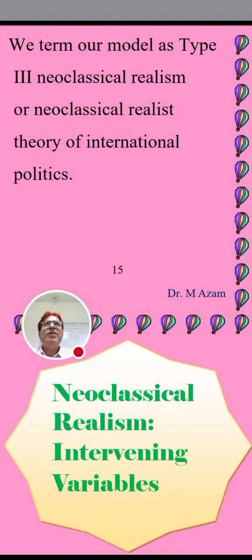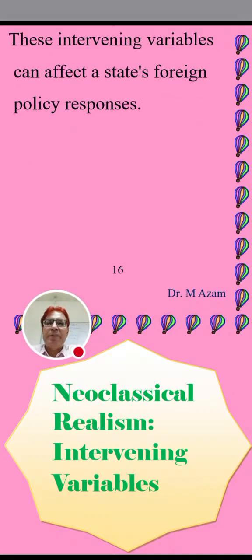The authors of this book say, we term our model as type 3. This model is type 3, in which we study four sets of intervening variables. Neoclassical realism or neoclassical realist theory of international politics. This is type 3. These intervening variables can affect a state's foreign policy responses.